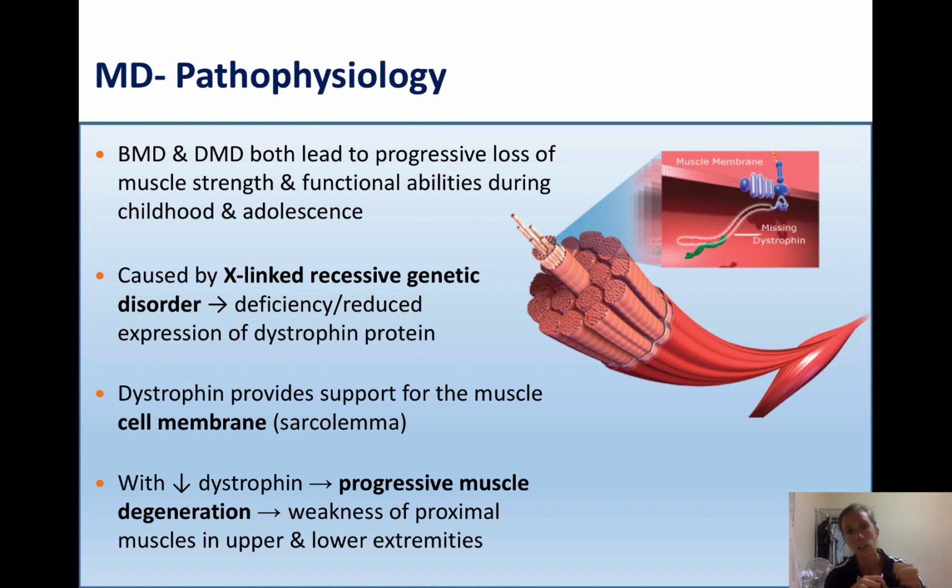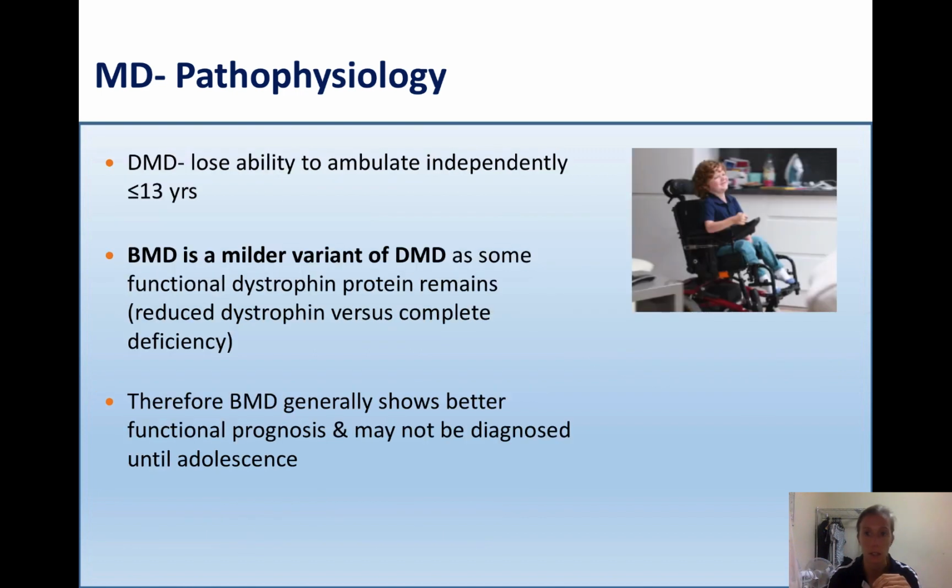So where we've got less or no dystrophin, we're going to have progressive muscle degeneration. So the muscles are going to become a lot weaker. That's going to occur more so in the proximal muscles to begin with, so the ones closer to the centre of the body, and then it's going to span out to our more distal muscles and into the upper and lower limbs and extremities.